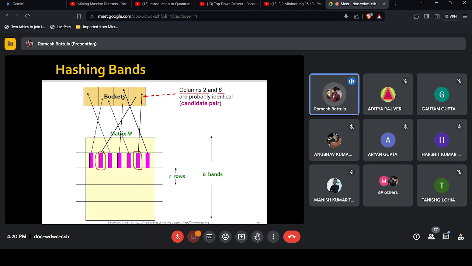These two are mapping to this particular hash bucket. What is the meaning of this? The Jaccard similarity of these two documents is almost similar, so they need to be treated as our candidate pair over here. That's why this particular bucket is mapping to these two documents.